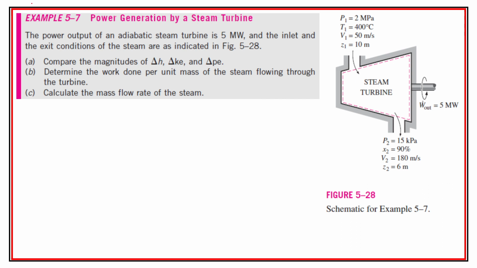So here's a steam turbine, and here are the conditions on the inlet. Interestingly, they decided to put the potential, the Z, because it's actually true: the turbine is sitting on top of a condenser. It's built that way, so the flow is not only going into it, it's going down into the condenser, and it's being condensed at 15 kilopascals. That is obviously a vacuum, which is typical for a condenser.